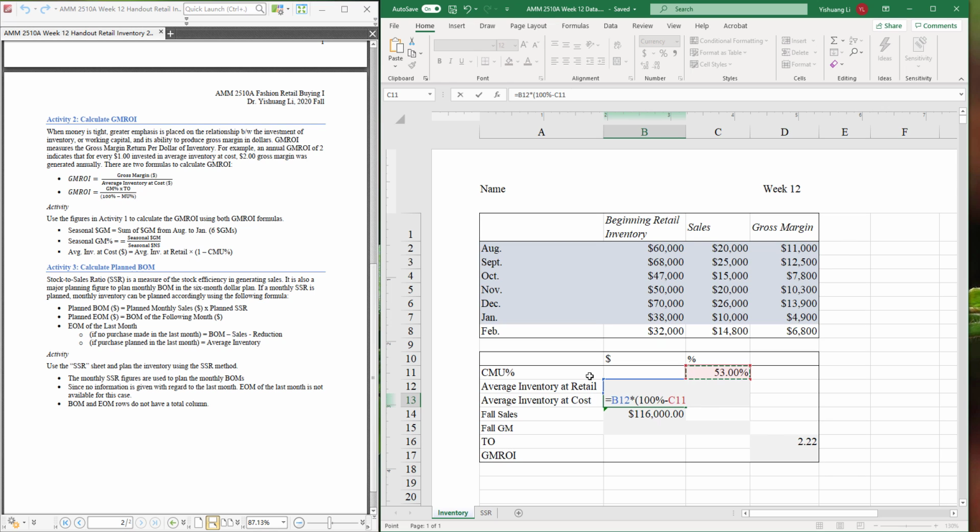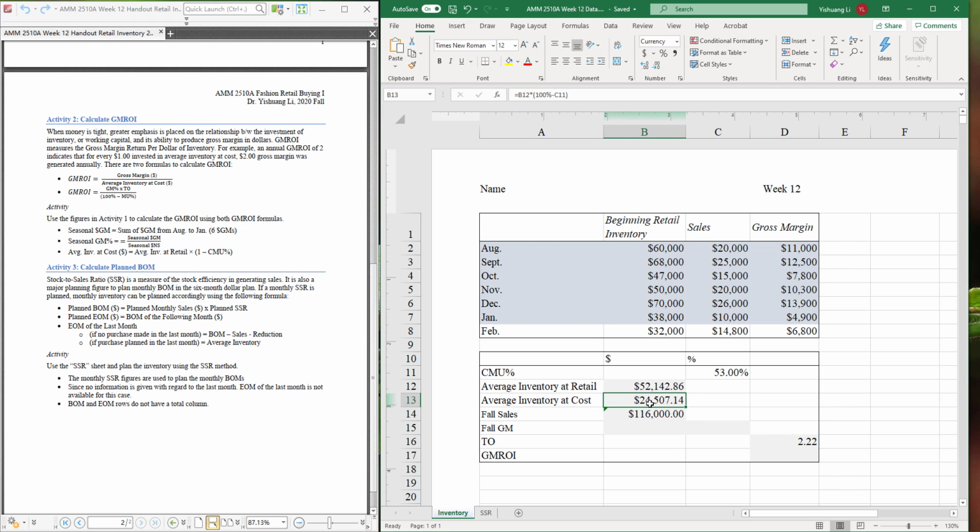Make sure you're using the actual cumulative markup percentage. Now we have the average inventory at cost.